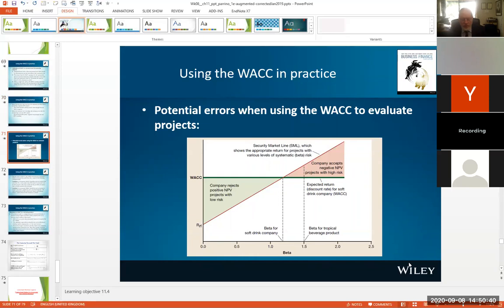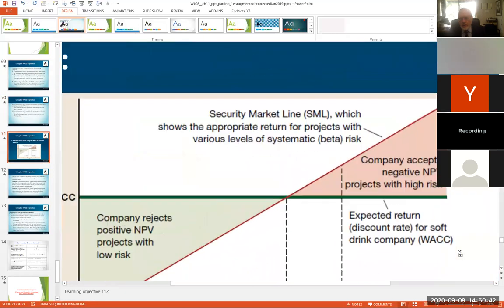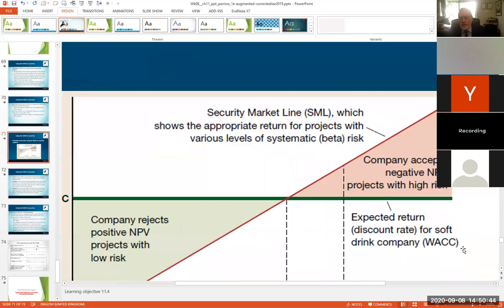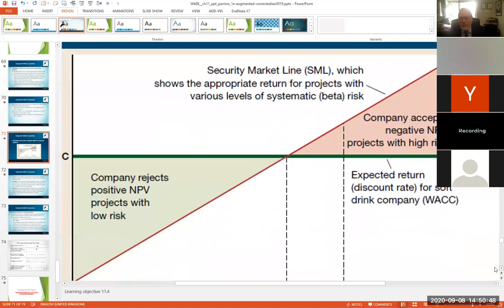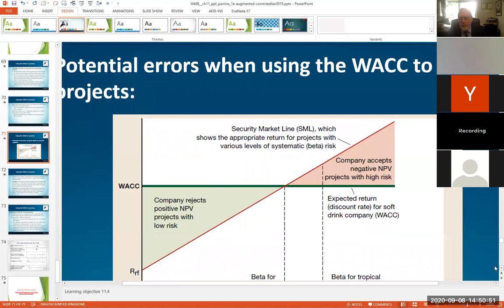Now this puts those two options that I've been talking about into the context, if you like, of a CAPM kind of model.